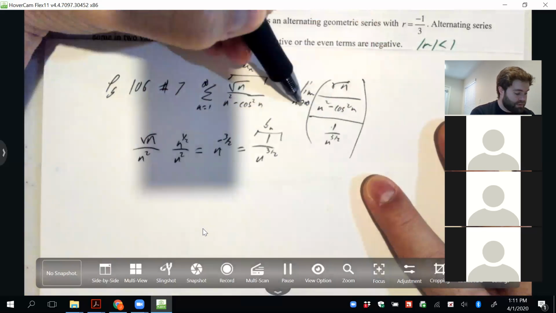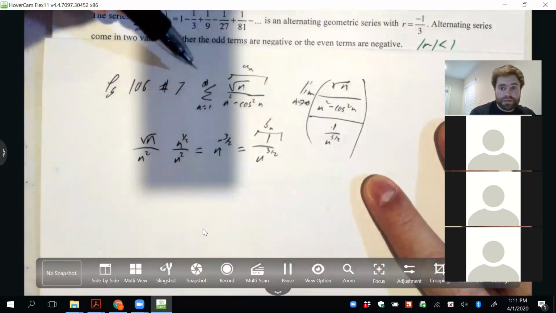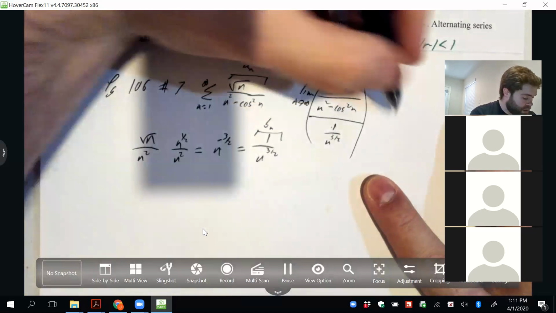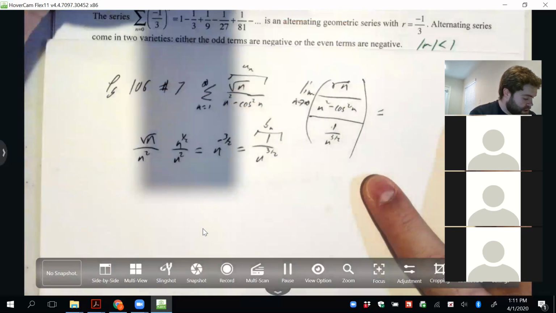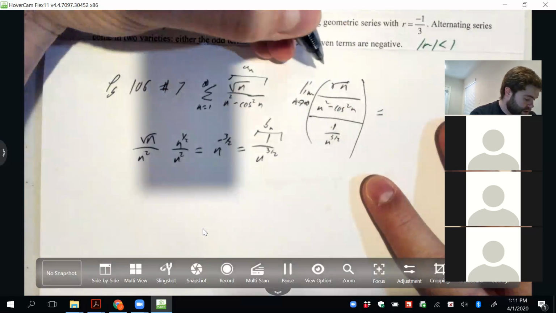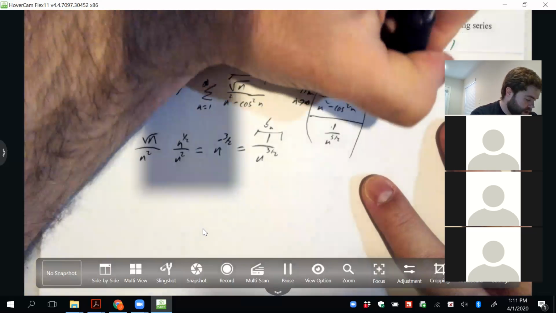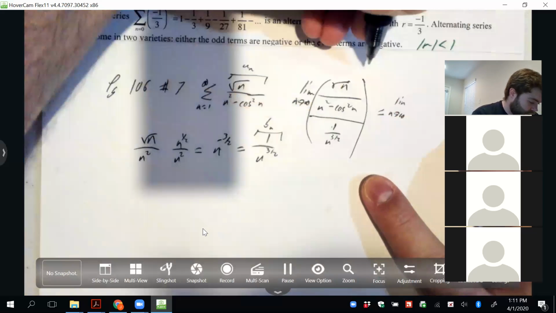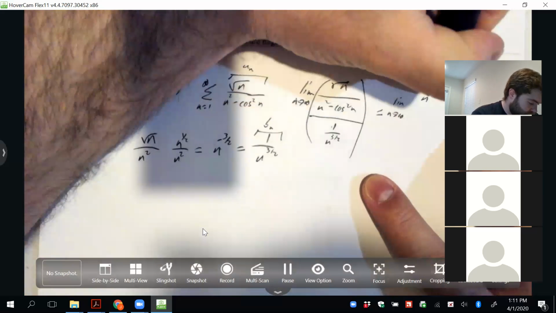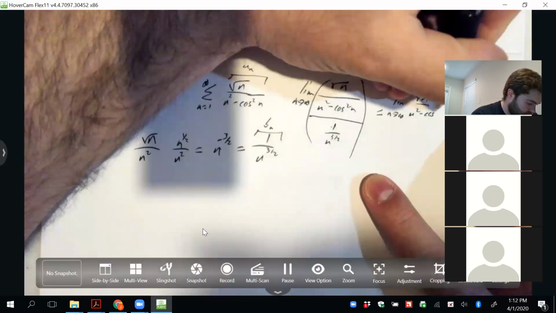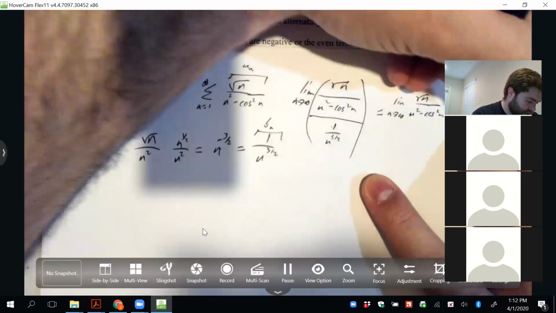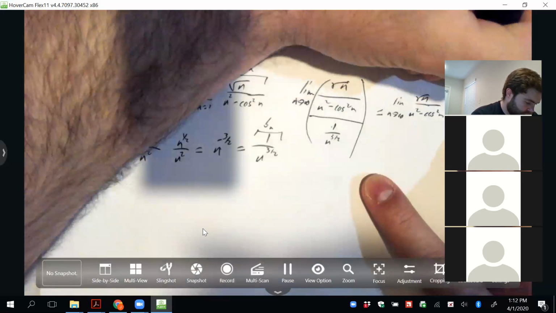The limit as n approaches infinity of a sub n over b sub n, that's the limit comparison test. Well, if we flip and multiply, that's the limit as n approaches infinity of square root of n over n squared minus cosine squared n times n to the 3/2.